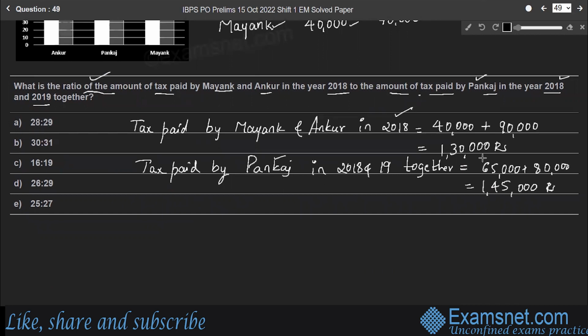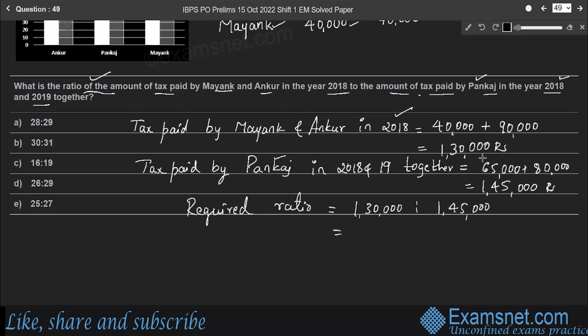Therefore, we need the ratio between these two amounts. So the required ratio is 1,30,000 is to 1,45,000, right?